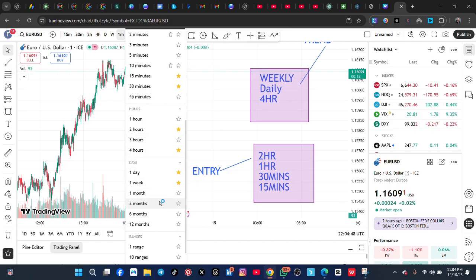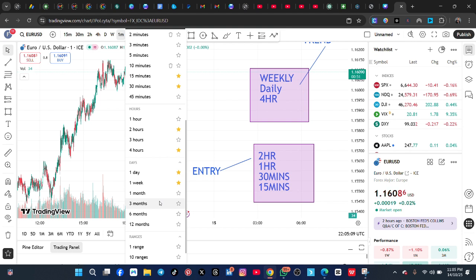Now, the most important ones that we are going to be focusing on start from the monthly time frame. Either we start from the monthly time frame, or we start from the weekly time frame. So you have to be analyzing how the market behaves when it is on the 1 month time frame, how it behaves on 1 week, the same thing how it behaves on 2 hours and all of that.